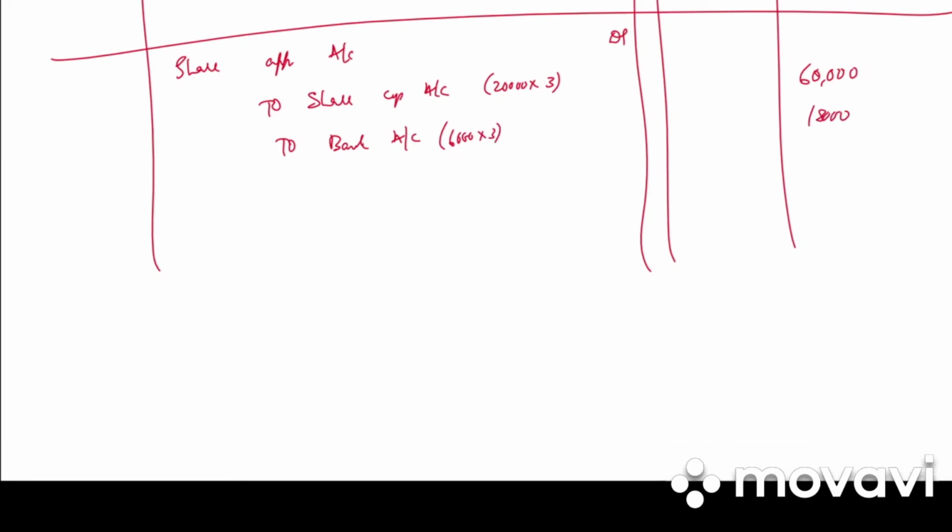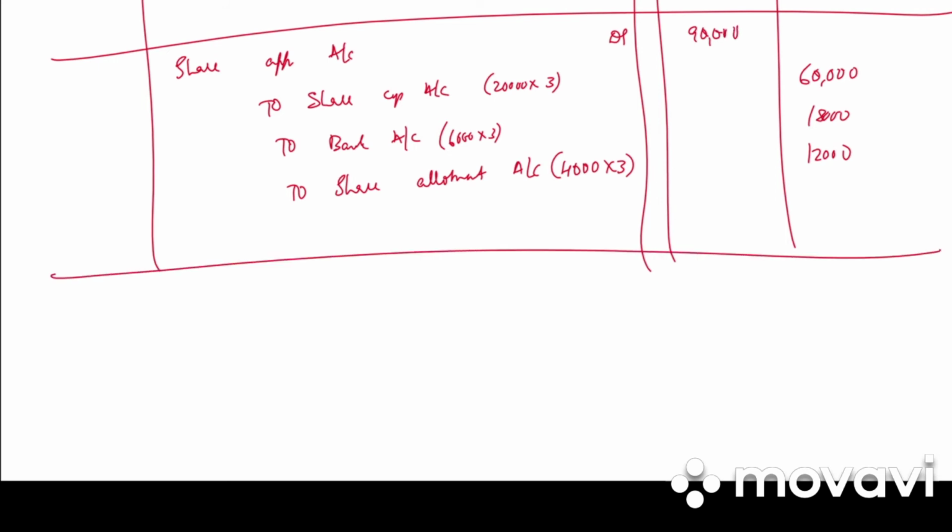And the remaining is adjusted in allotment stage. So to share allotment account. How much is it? 20,000 plus 6,000, 26,000. 30,000 minus 26,000, 4,000 into 3, that is 12,000. Total is 90,000.